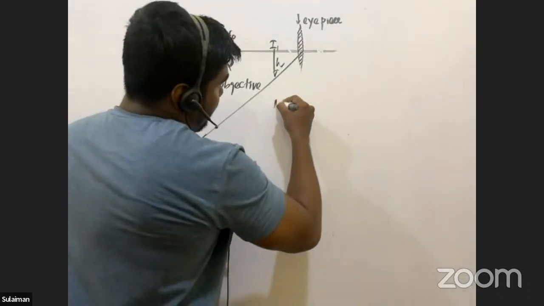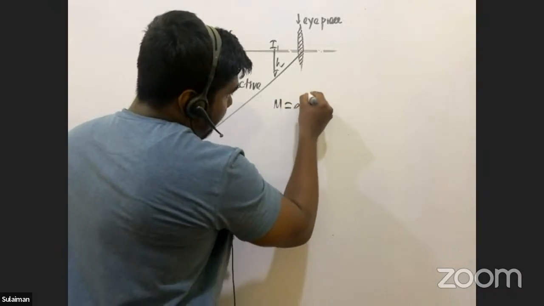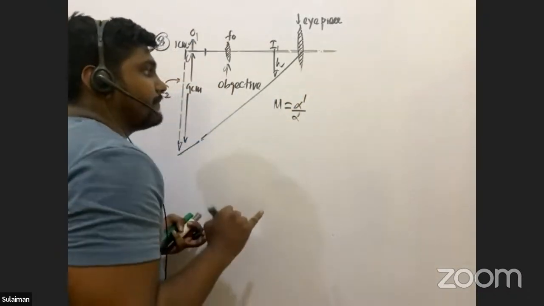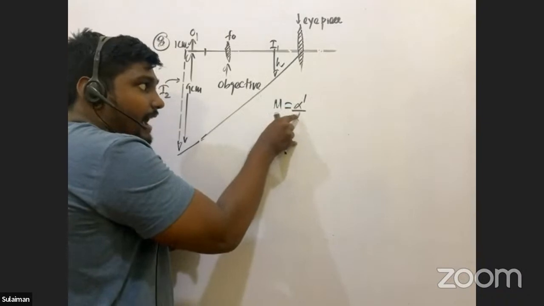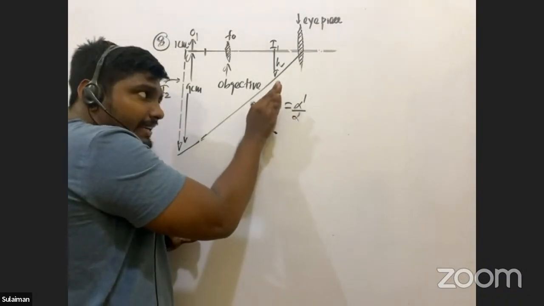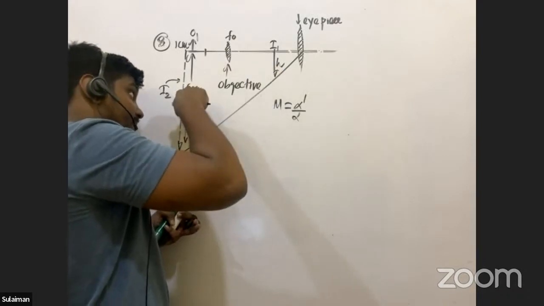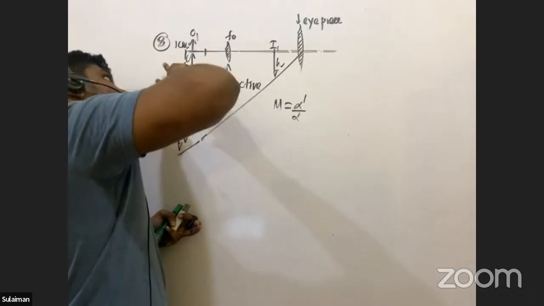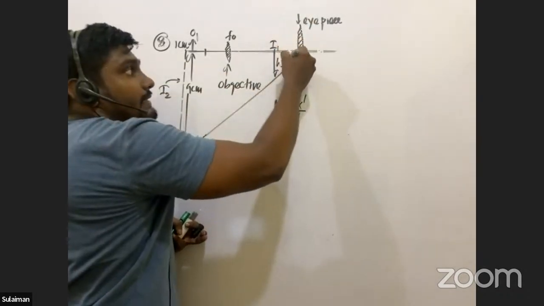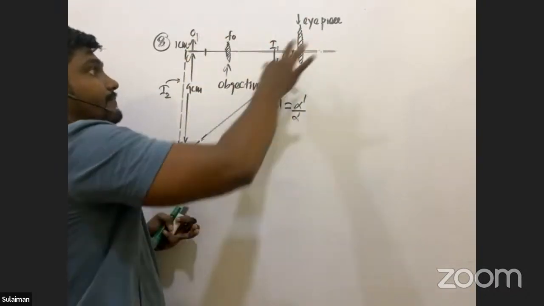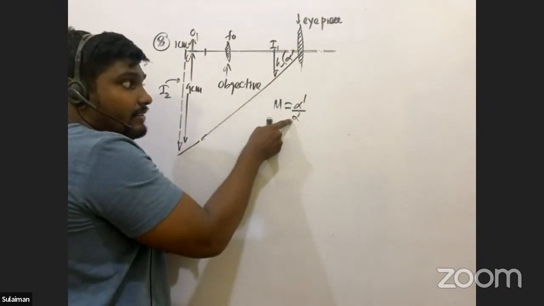Then what is angular magnification? Capital M means alpha dash over alpha. What is alpha dash? What is alpha? Alpha dash is the angle subtended by the final image. What is alpha?